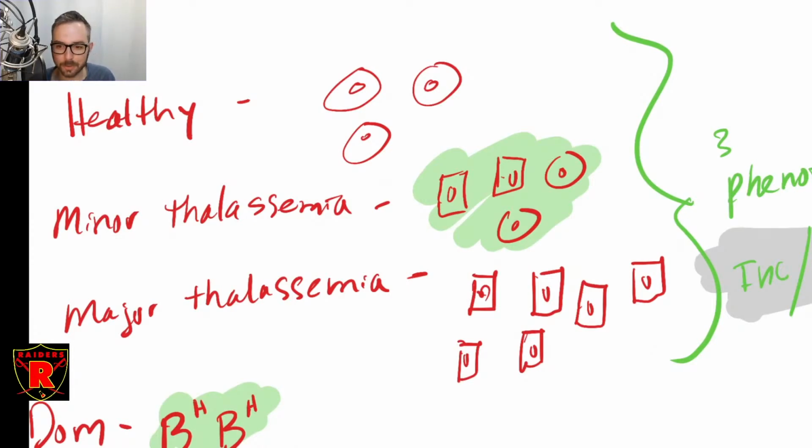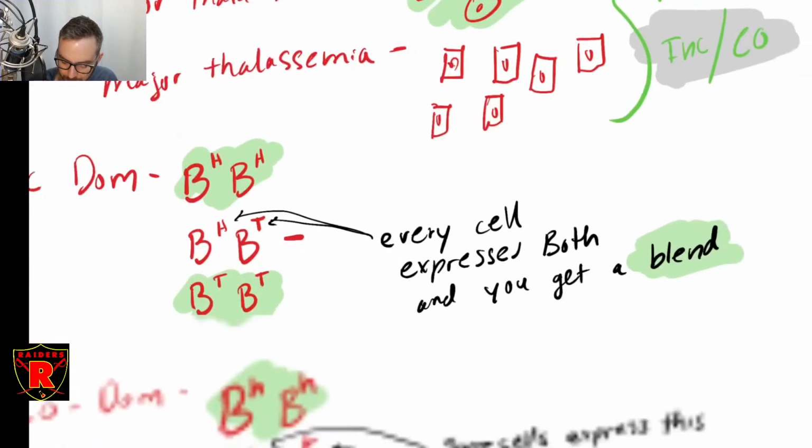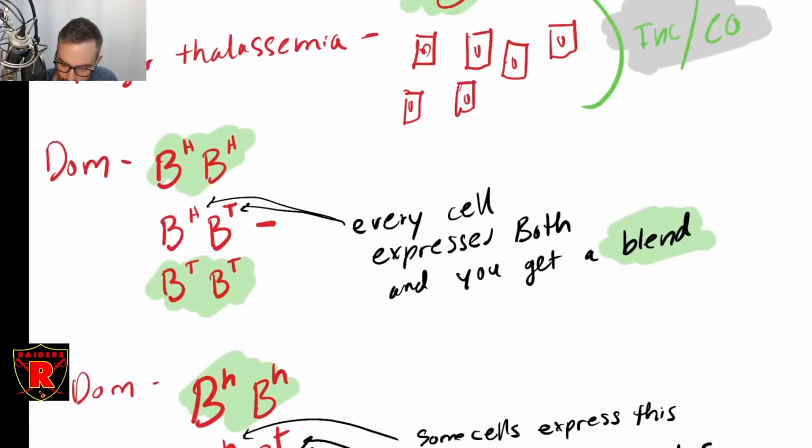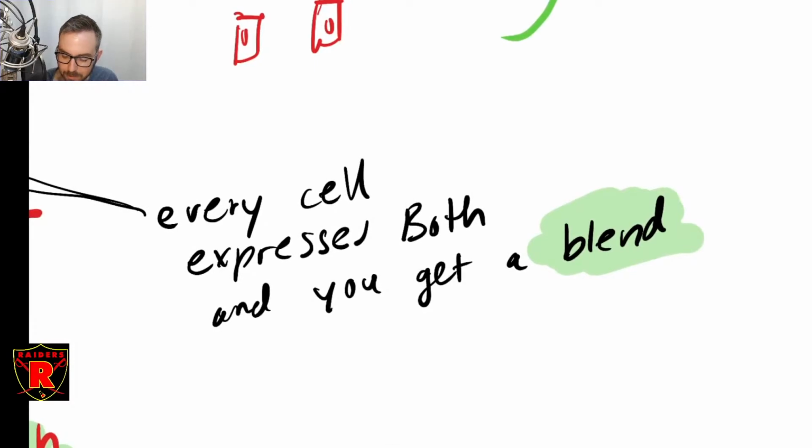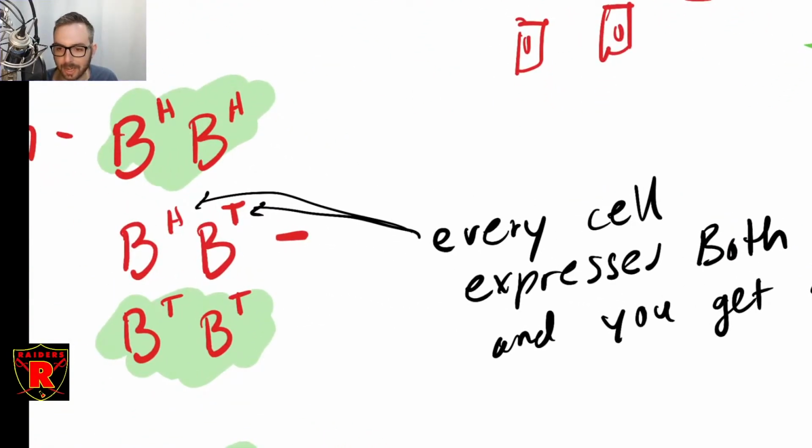Right. You can see both at the same time. So which type of inheritance is it then, Logan? So incomplete would be if every cell has both healthy and thalassemic in it.